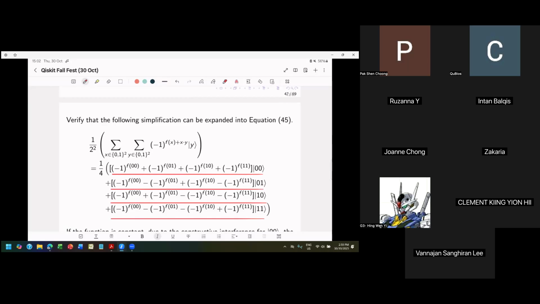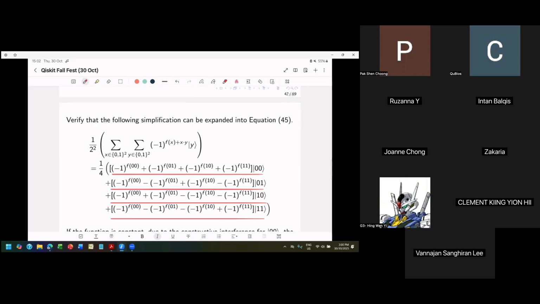For the 0, 0 state, everything is positive. But for the rest of the states, you always have a balance of positives and negatives, right? So what does that mean? If it is a constant function, only the 0, 0 state will win, right? Will survive, right?